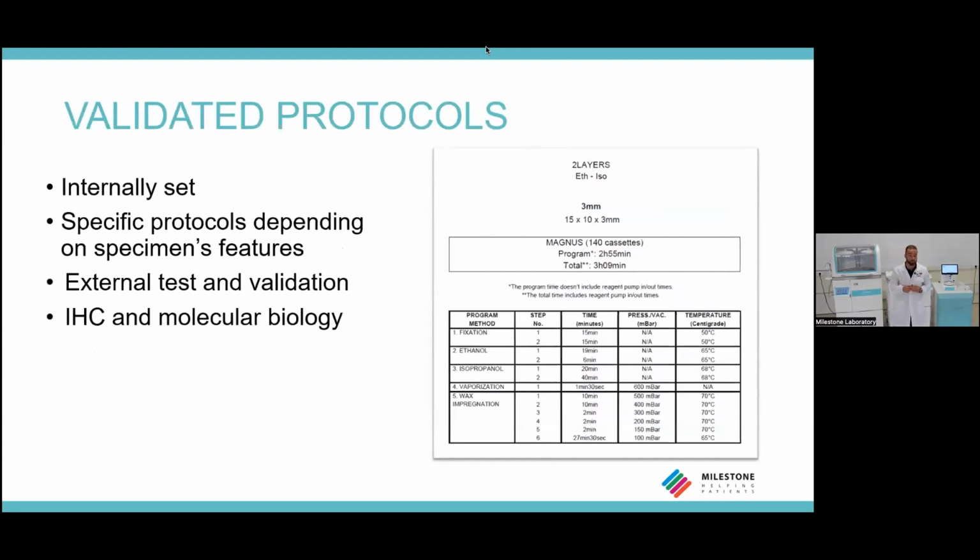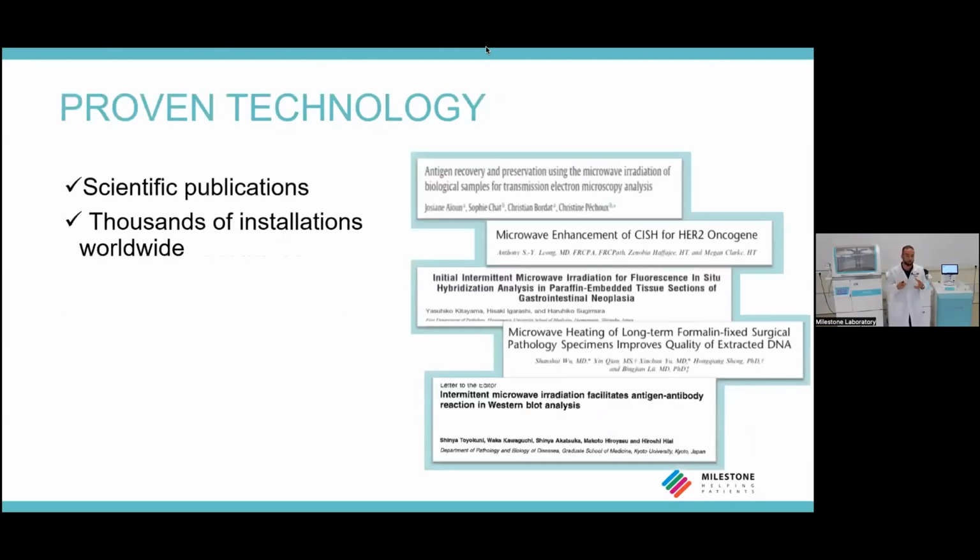And those labs, during the validation process, perform processing, immune staining, and molecular biology in order to compare and validate the results, always having in mind sample safety during the whole process. This clearly shows that our technology, protocol, and processor together are designed for specimen safety. The great number of scientific publications and the thousands of installations worldwide support this claim.